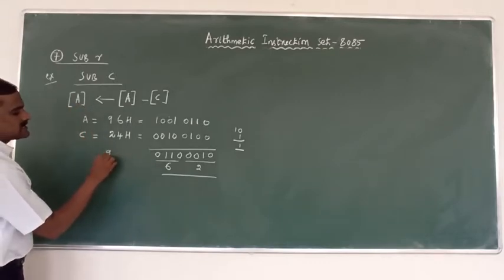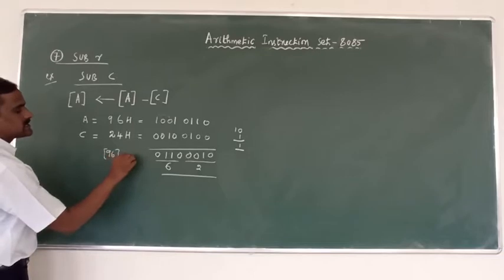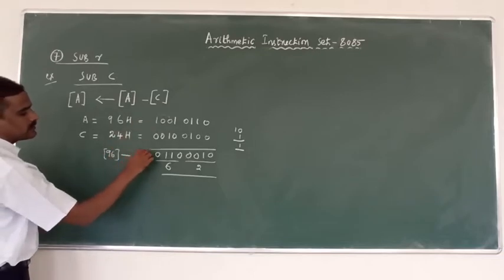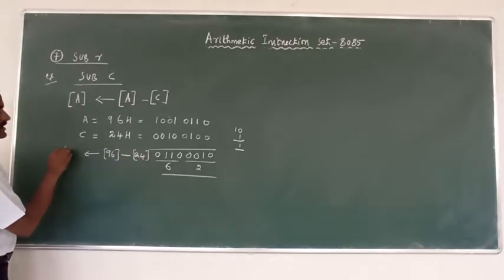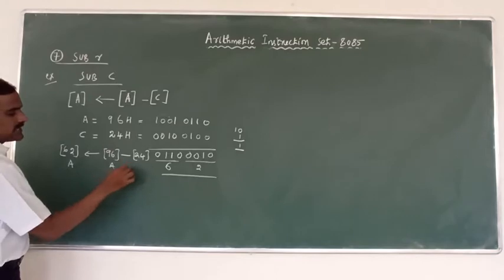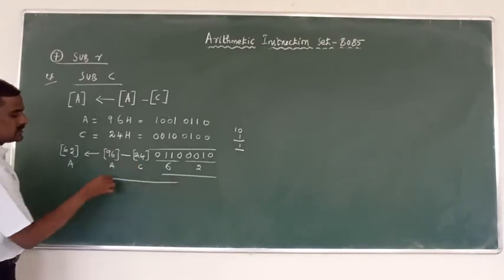That is 96 minus C register 24, and the result moves to the accumulator: 62. This is for A register, this is also A register, and this is for C register.